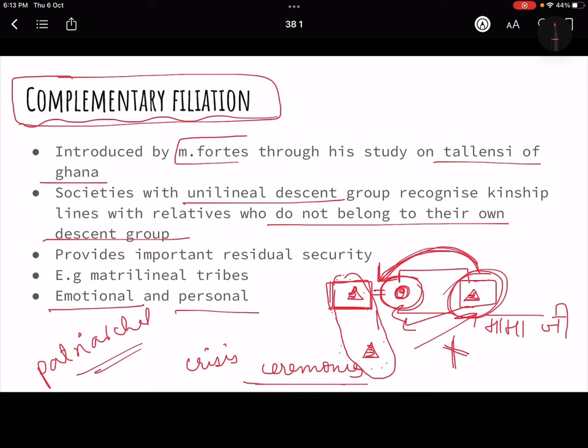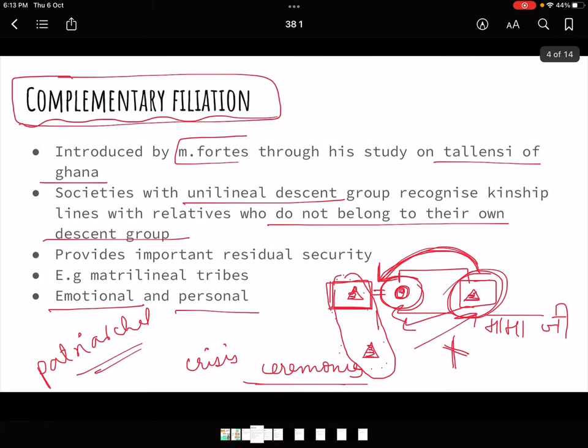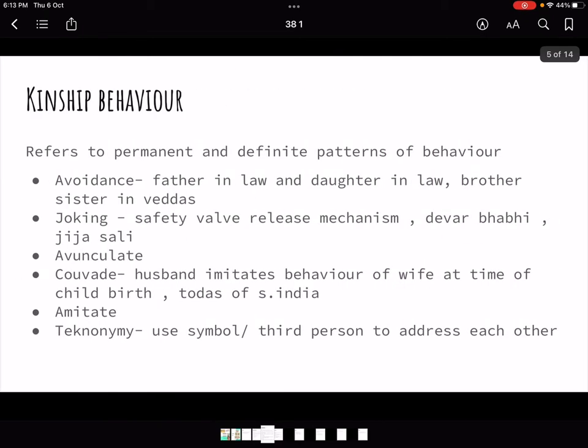Any occasion, any crisis, anything, they come up as rock solid people in the group, right. So that means complementary filiation it is, even though हमारा descent किसी और group से है, but then they are very important. They come in where more emotional needs are fulfilled by them, whereas filiation is a more political, hierarchical grouping, right. So I think now I am making myself clear.